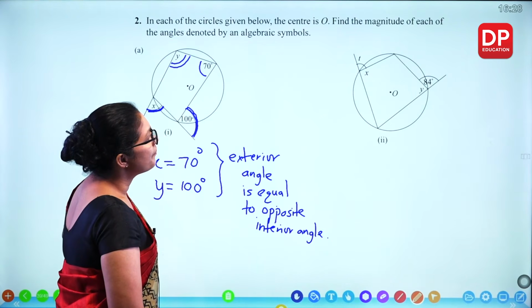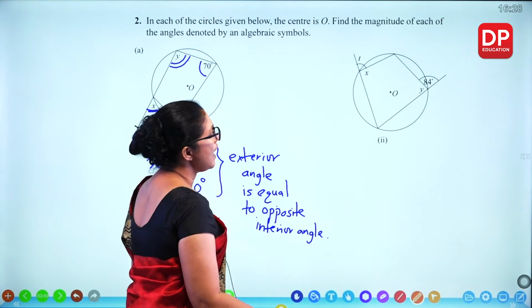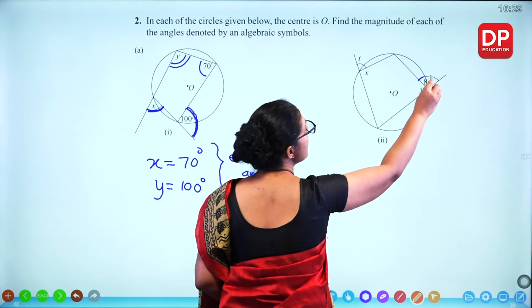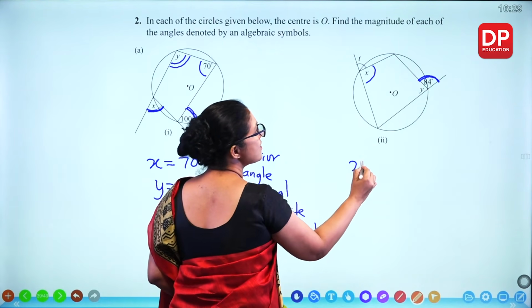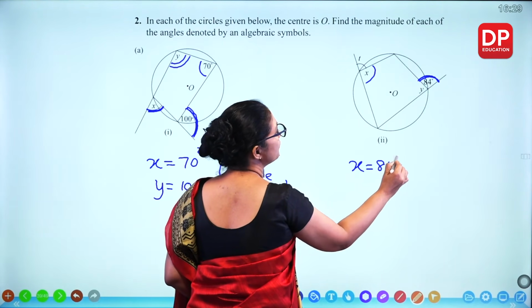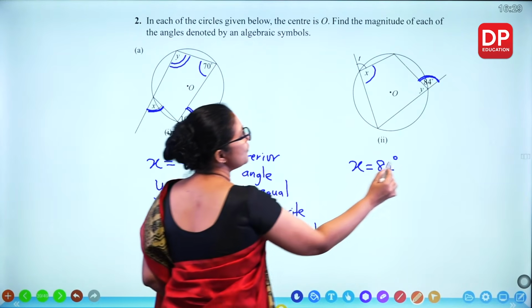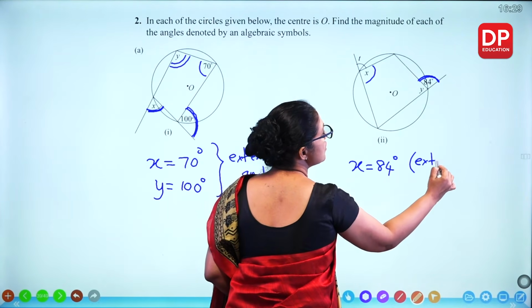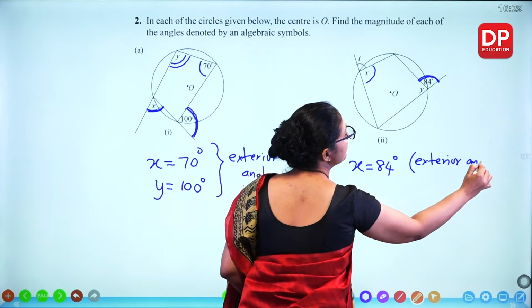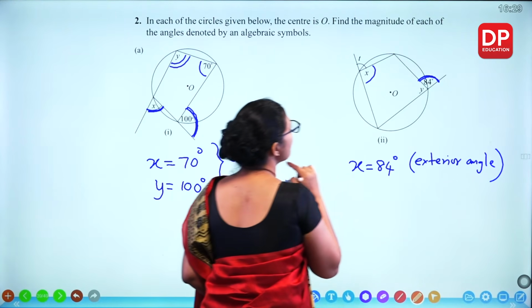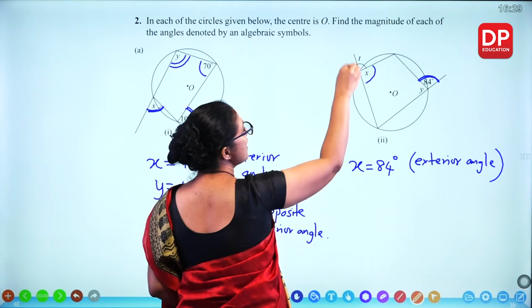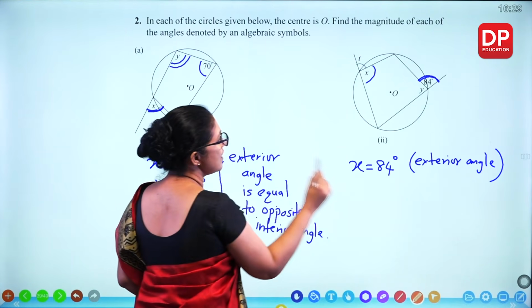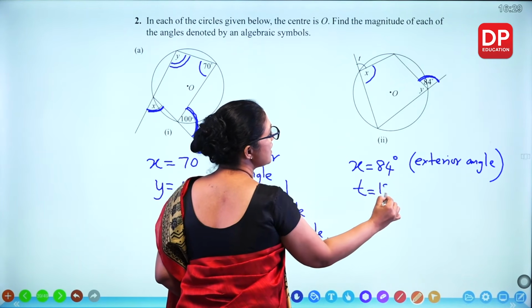This question. 84 is the exterior angle. This is same as x. So x equals 84. You can write down the reason. I'll write just exterior angle. Then we need t. This is a straight line. T is 180 minus x.